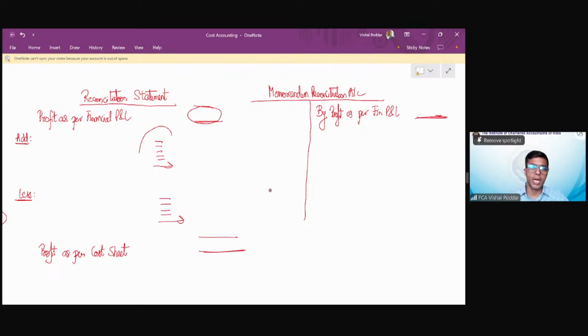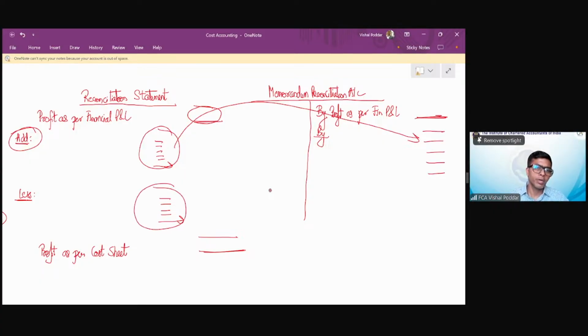Whatever I have to add, I will post on the credit side of this statement. Whatever differences I need to subtract, I will post on the debit side of this account. So, the same thing which is done in the statement format is also done in the accounting format. Now, the balance which will be left is my profit as per my cost sheet.